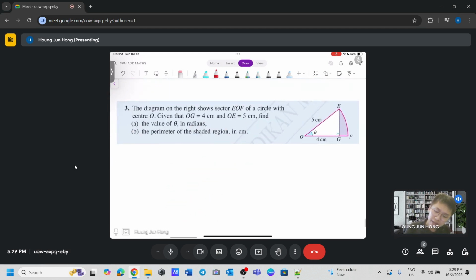Value of theta. Now, this is also testing a little bit on your basic mathematics. If you know there's a right angle triangle, how do you find the angle? SOH CAH TOA, right? This is adjacent, opposite, hypotenuse. So if you have A and H, this is cos. So cos theta equal to A over H. So what is theta? Just do the very basic mathematics over here.